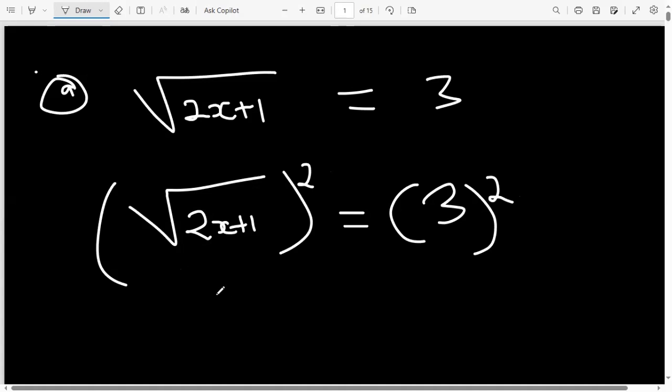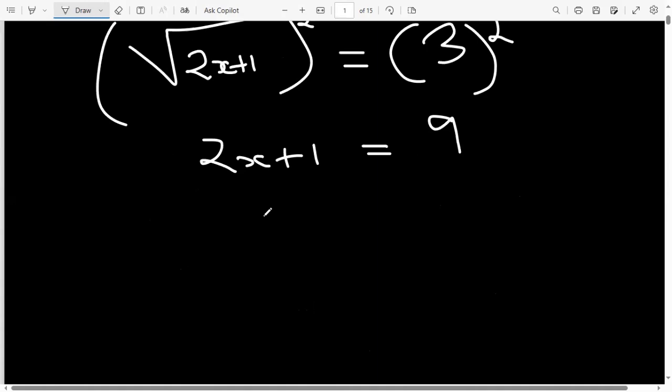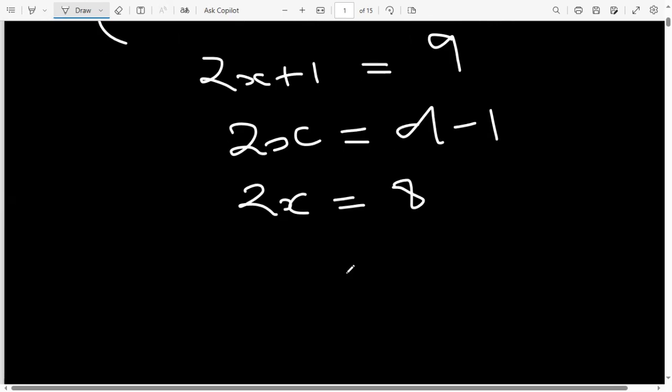So what are we going to remain with? We are going to remain with 2x plus 1 equals, what is 3 squared? 3 squared is 9. So this is what we have. And then from there, just put the like terms together. So it will be 2x equals 9 minus 1, which will give us 2x equals 8.